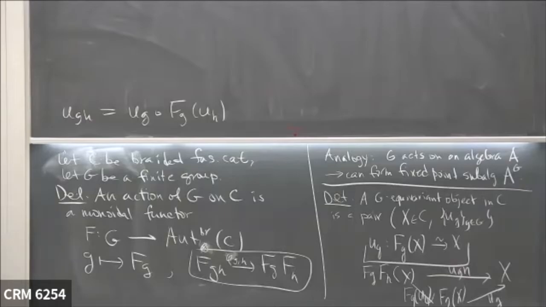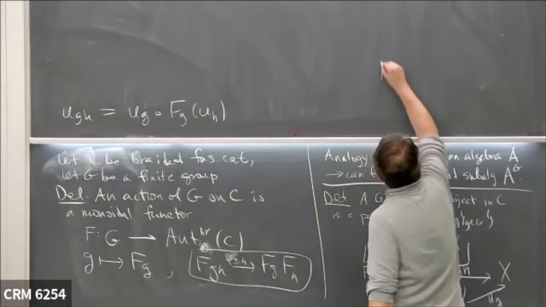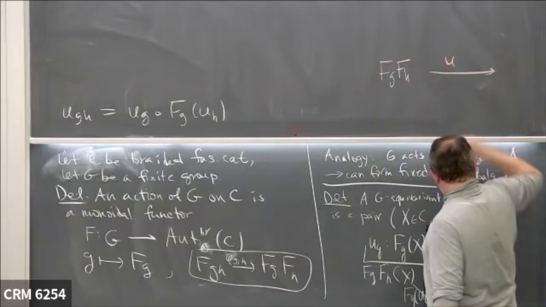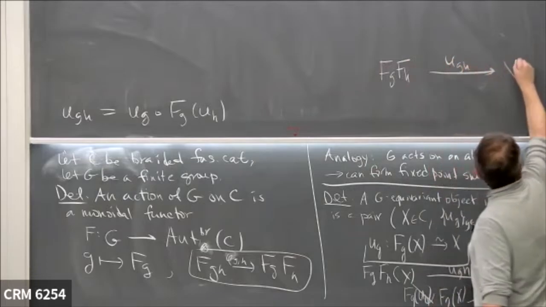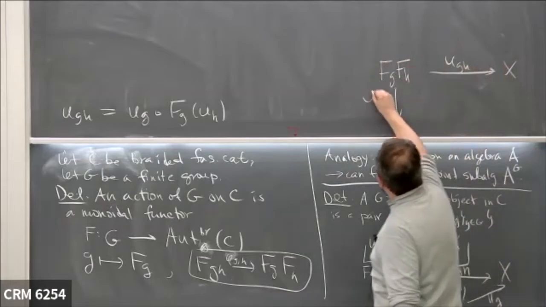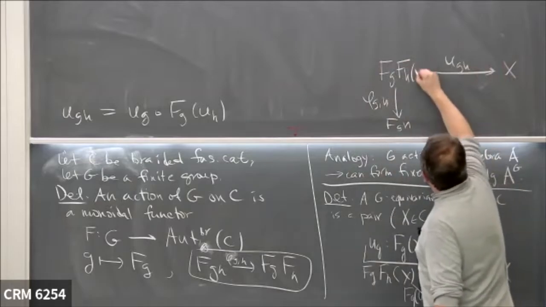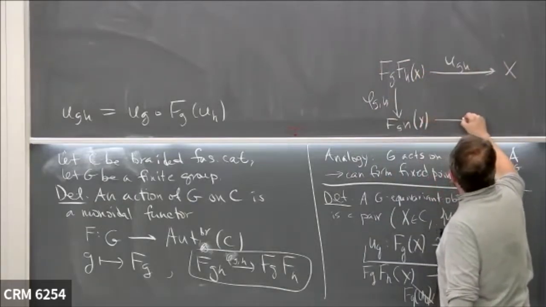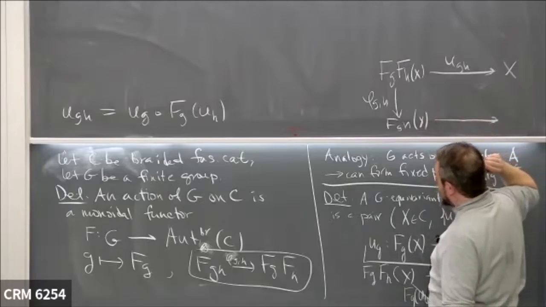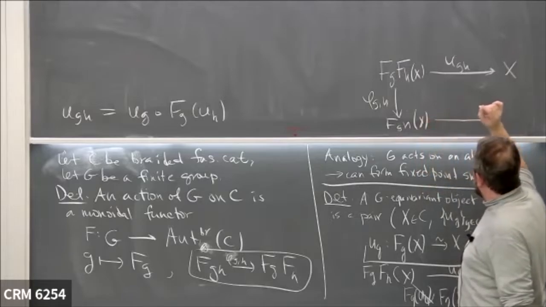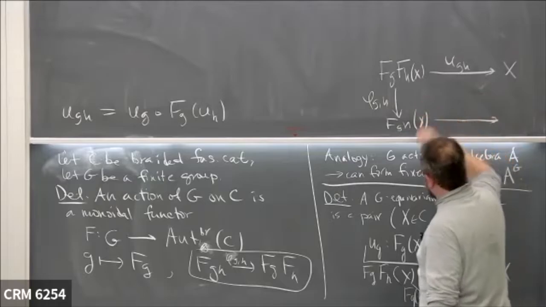On the left-hand side would be the phi_gh. All right, so you are right. It's very good that people are following me and correcting some of my mistakes. So the correct diagram would be this: this is phi_gh, F_g F_h X to F_gh X, and now we apply u. I think that the top shouldn't be u_gh. It should be u_gh at the bottom, because u_gh needs to go from F_gh X. Correct again.